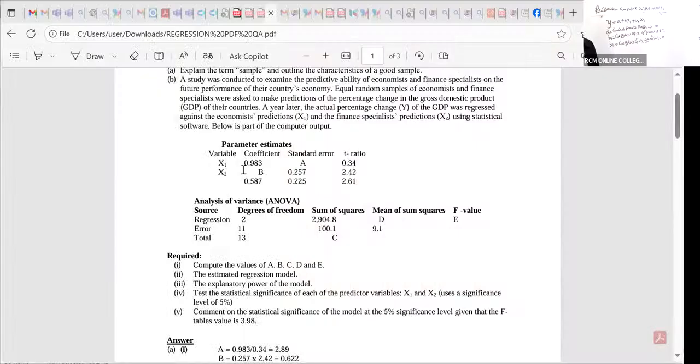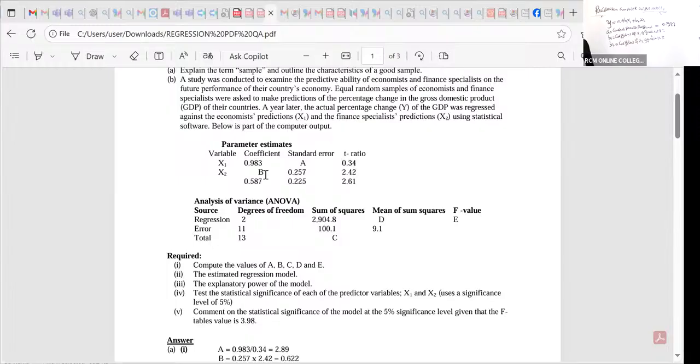You can see here under the coefficients, under the parameters, remember we corrected this. The constant coefficient is 0.983. We corrected that if you remember the table that we did. And then the coefficient of x1, b, we were able to compute it.